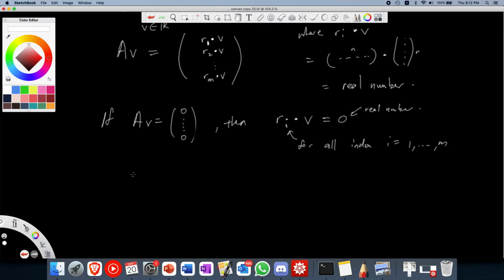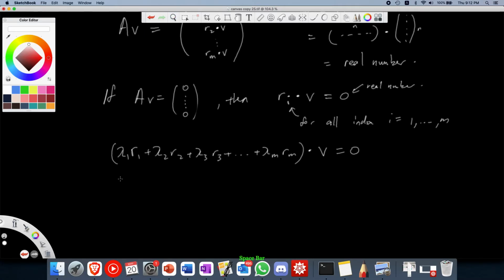And that means that any linear combination of the row vectors dotted with v is also equal to 0. And what do we see over here? This is just the entire span of the r_i, which equals the row space.